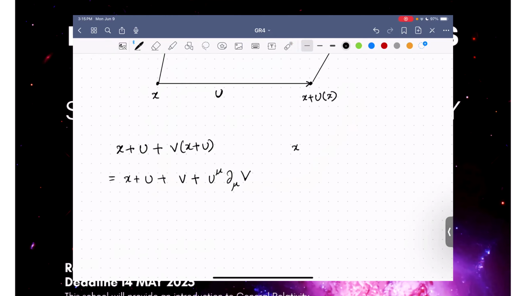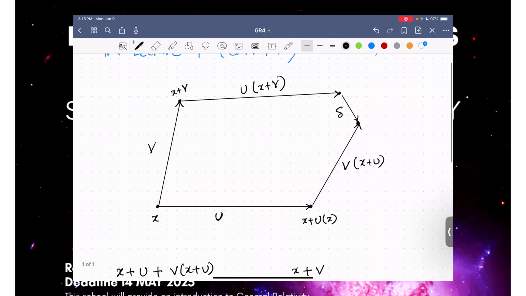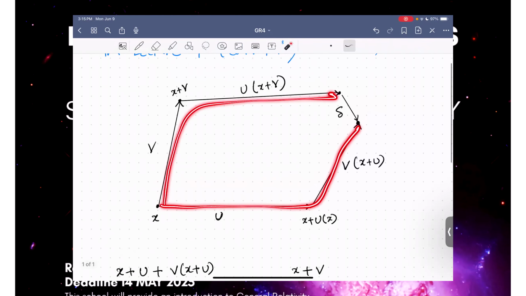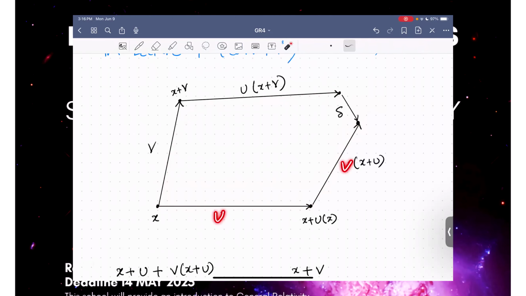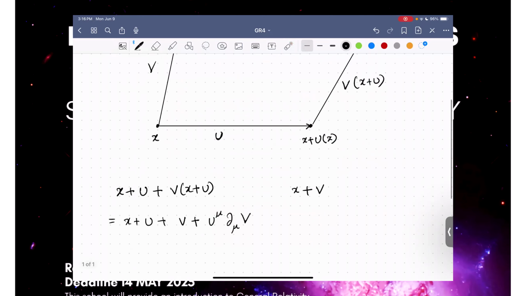We don't have to compute again, because the difference between this and this is simply which one you followed first, right? So if you swap u with v, you should find the expression for this path. So it's going to be x plus v plus u plus v^μ ∂_μ u.